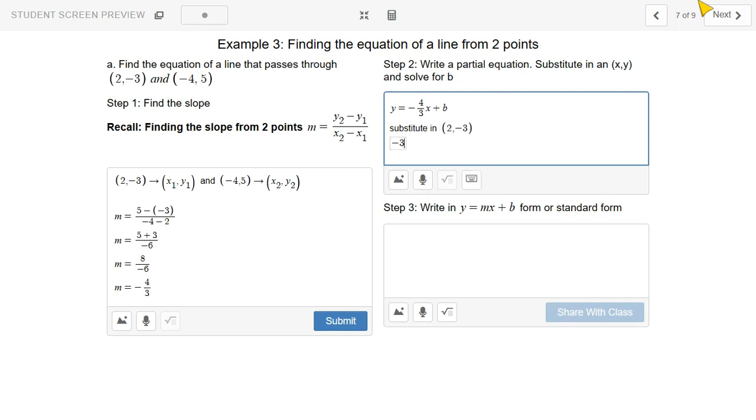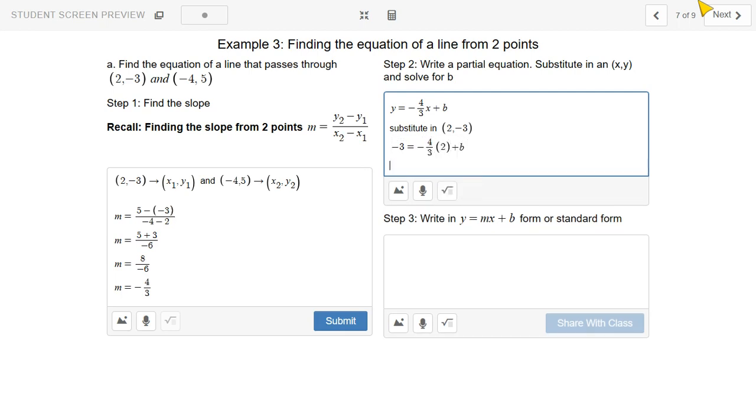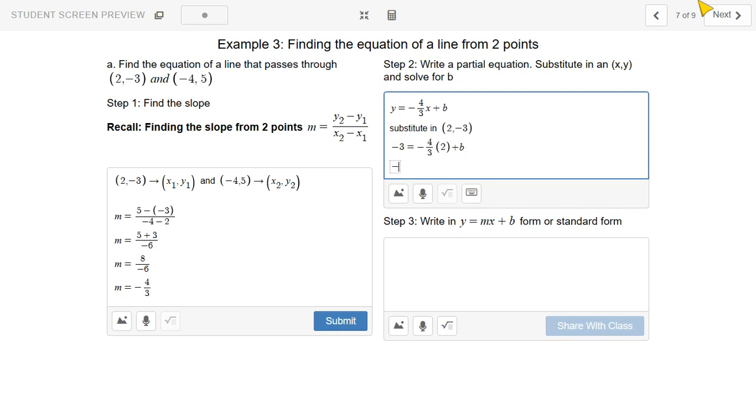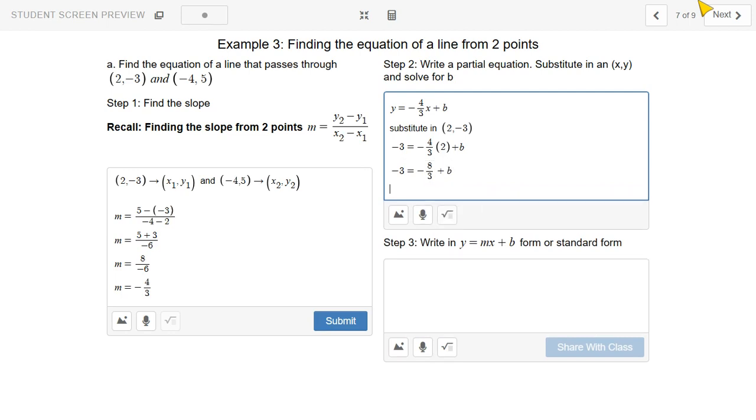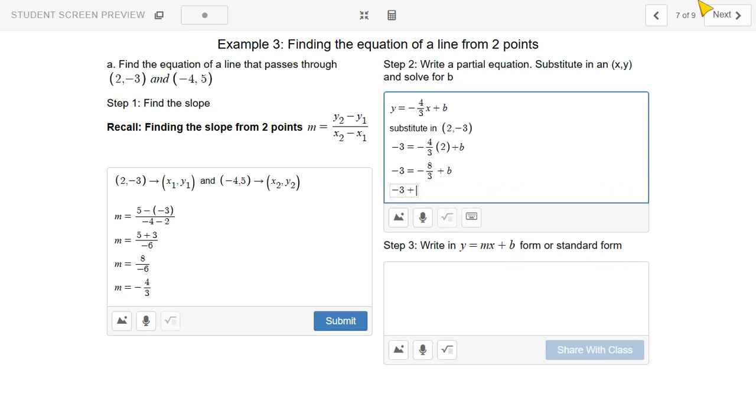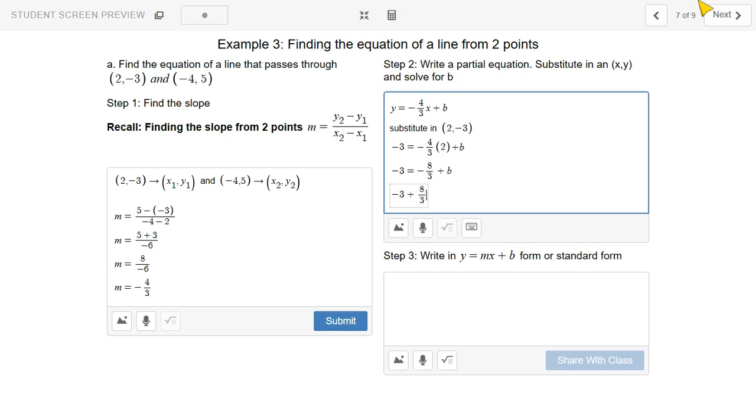So negative 3 is equal to negative 4 over 3 times 2 plus b. Negative 3 is equal to negative 8 over 3 plus b. Negative 3 plus 8 over 3 is equal to b.